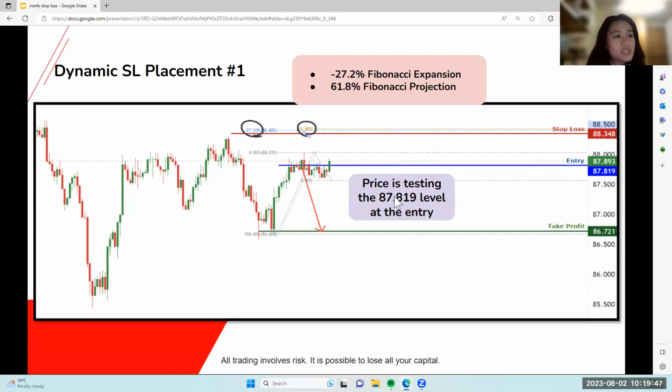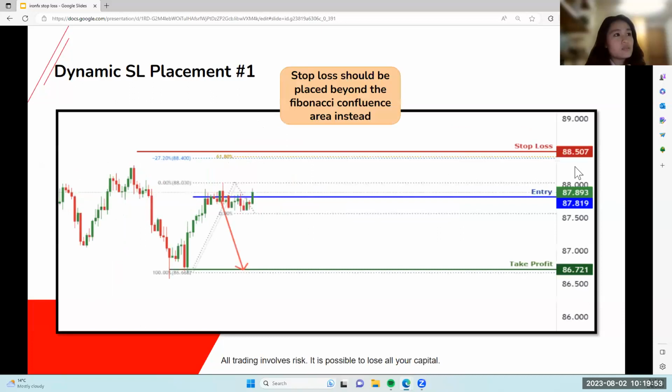So we see price is testing the 87.819 level at the entry here. We mentioned earlier that the stop loss should be placed beyond the Fibonacci confluence area instead of directly on the area, and we'll show you why in the next slide.